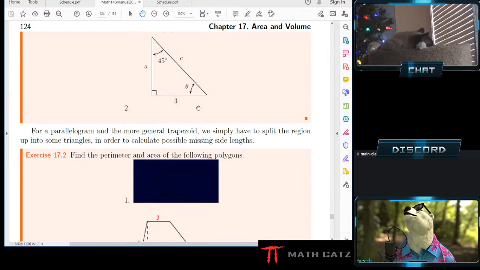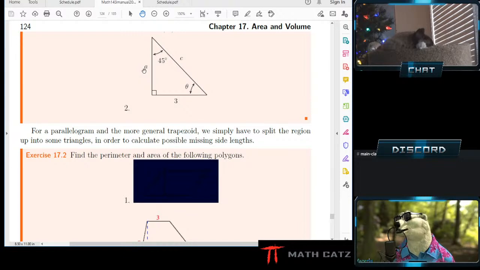Let's talk through this. How would I go about doing it? I'll use the 45-degree angle, even though this one's 45 as well. Let's suppose we use the top one. I would use the tan function again, because that uses a and 3. So tan of 45 would be 3 over a. And then I can solve for a, just like we did.